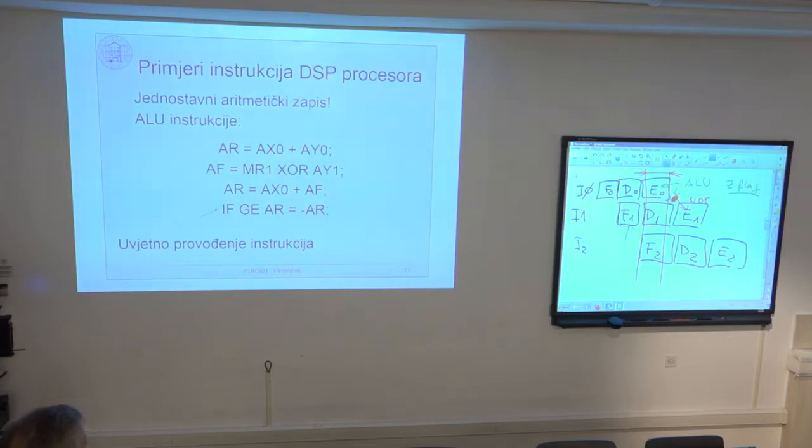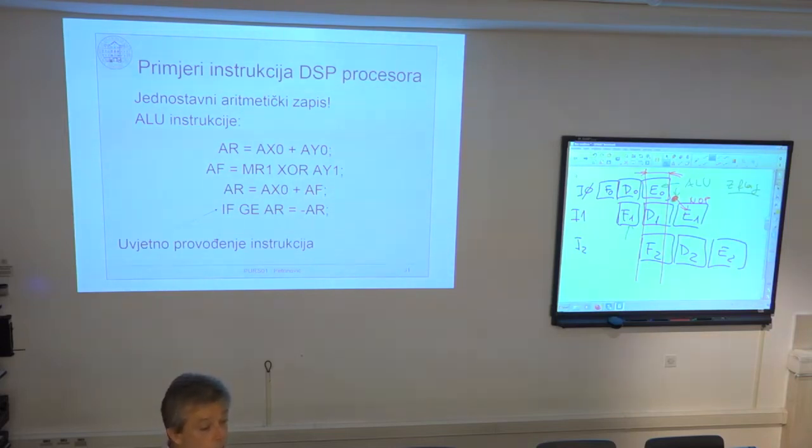Altogether, we will see later on there are 15 different combinations of this condition: less or equal, greater or equal, zero, carry, not carry, and so on. And the idea is, with 15 combinations, the last combination will be unconditional, so I have 16 combinations.